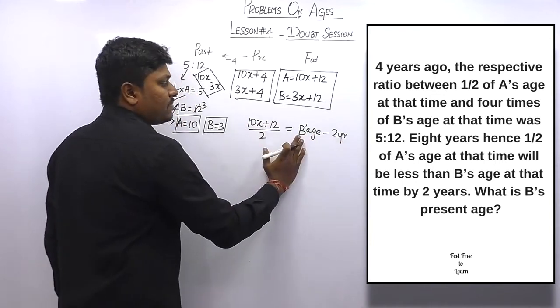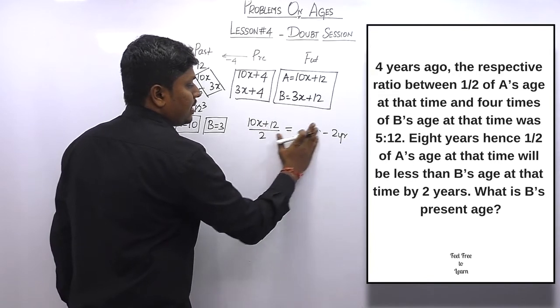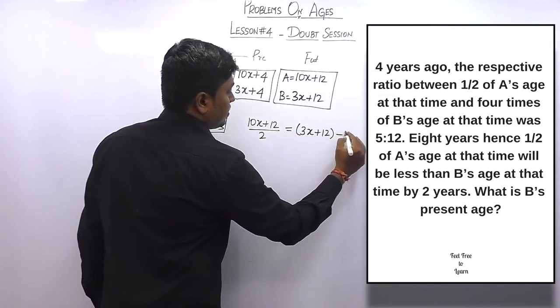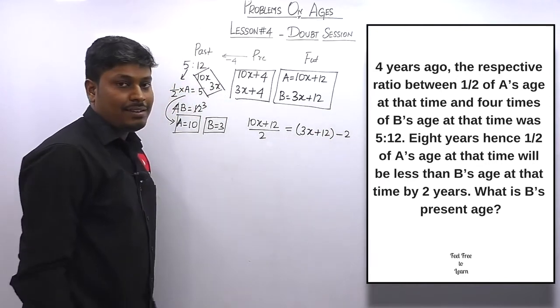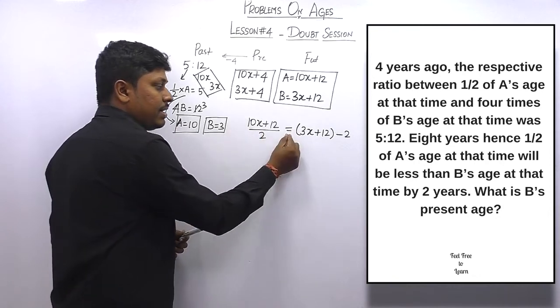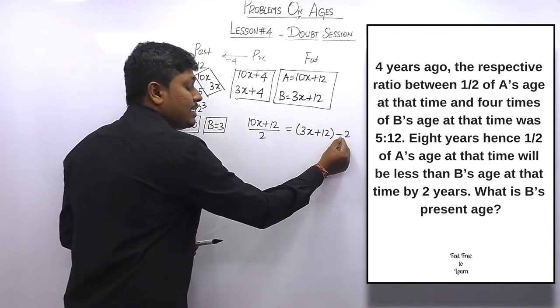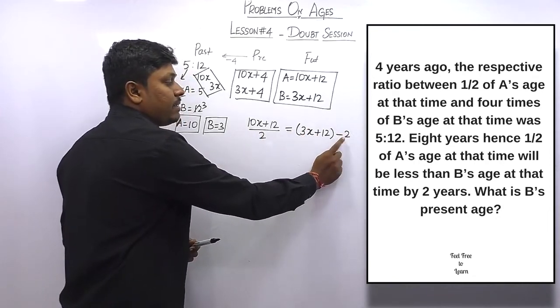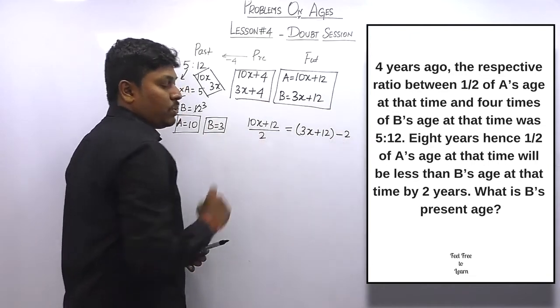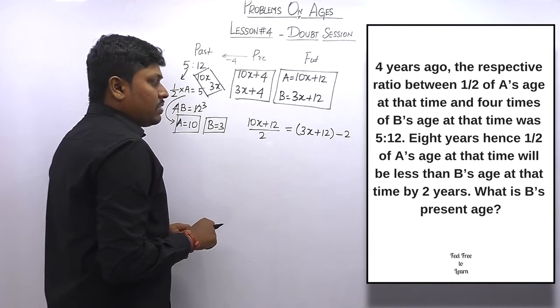So minus 2 years. We know that B's age will be 3x plus 12, so 3x plus 12 minus 2. Once you write this equation correctly, the entire equation is easy. So 1 by 2 of A's age is equal to B's age less 2 years, so we are subtracting 2 here. I think we need to solve this.